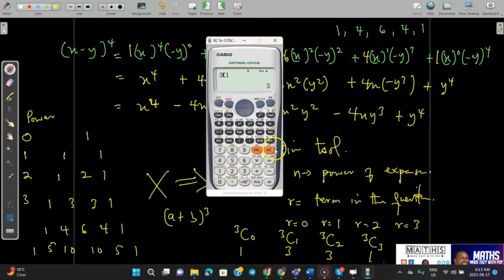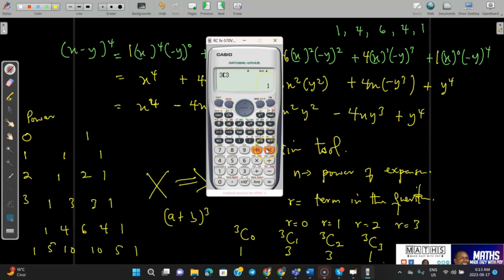Then 3 shift combination 2 will give you another 3. Then finally 3 combination 3 gives you an answer of 1. Have you seen it? That is how you can generate your coefficients for your expansion.